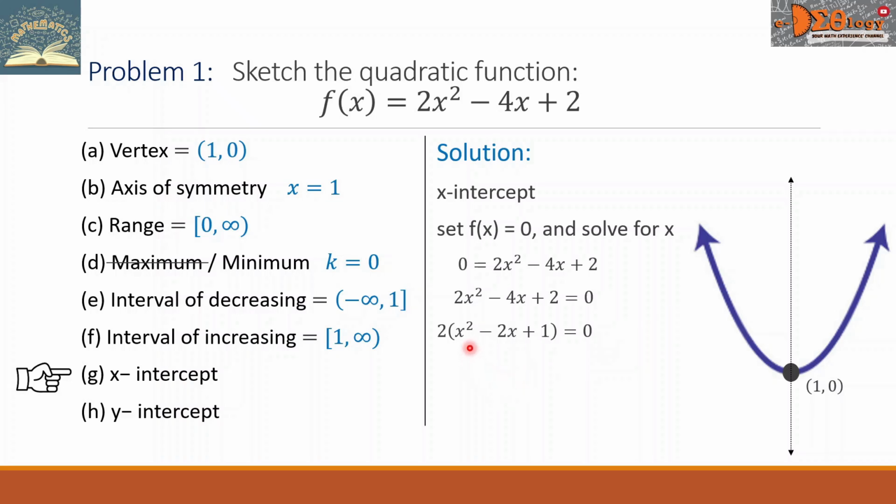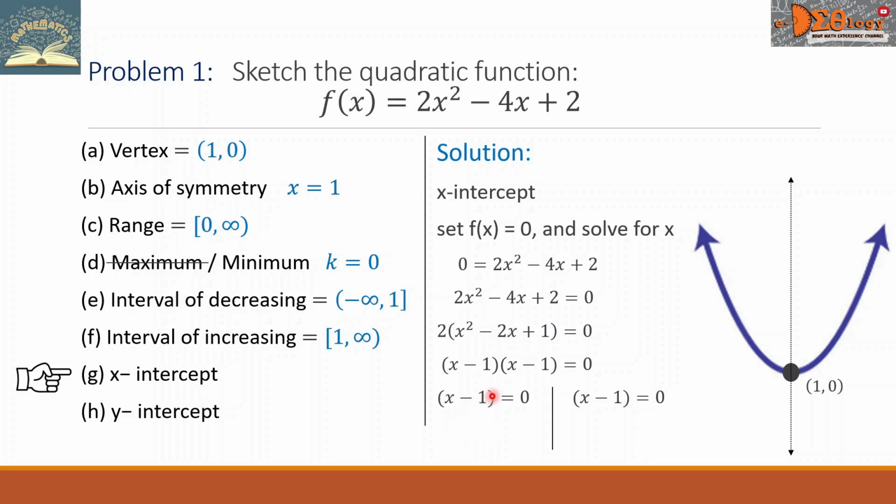Now we factor the trinomial, x squared minus 2x plus 1. And the factors are x minus 1 times x minus 1, equals 0. From here, there are two factors. We equate each factor to 0. So x minus 1 equals 0 and x minus 1 equals 0. Then we solve for x.